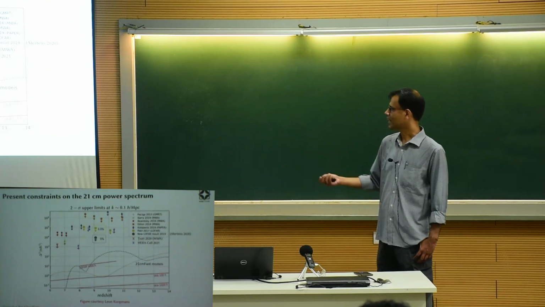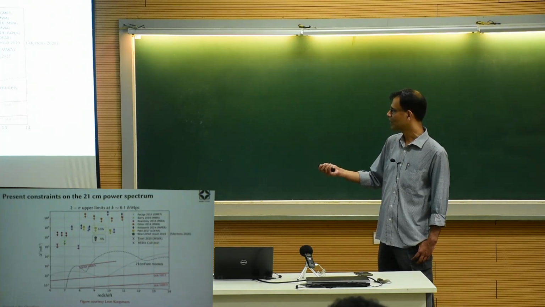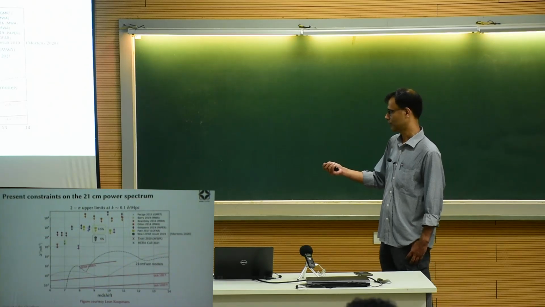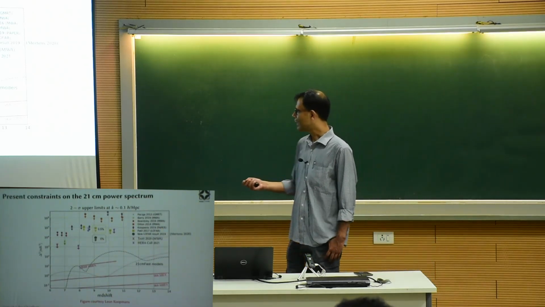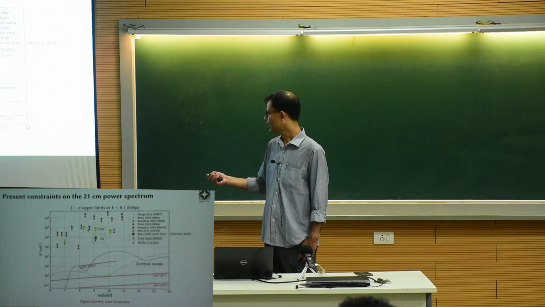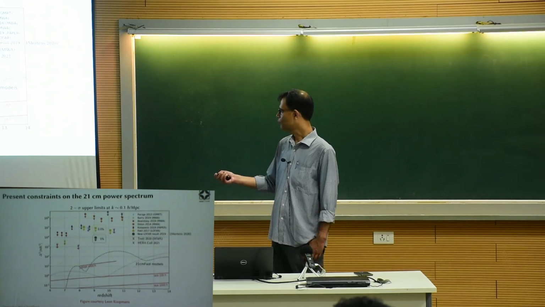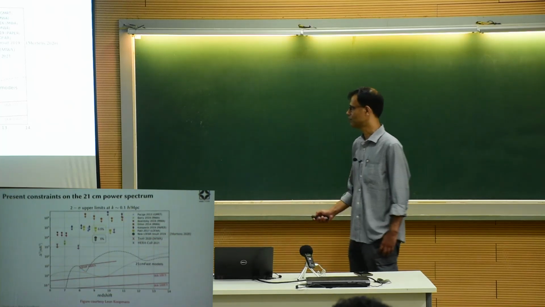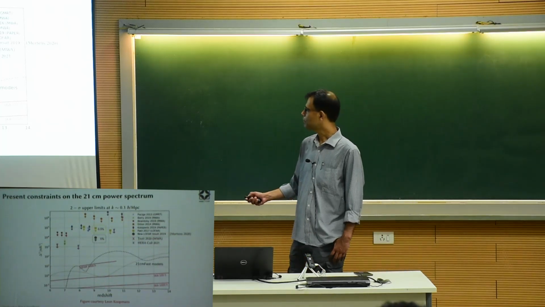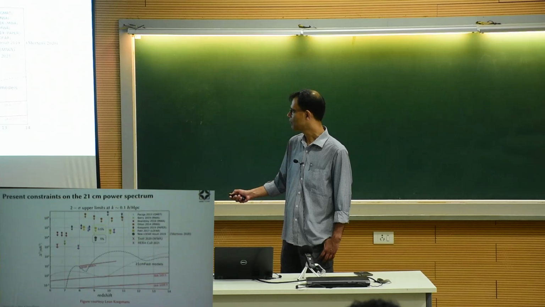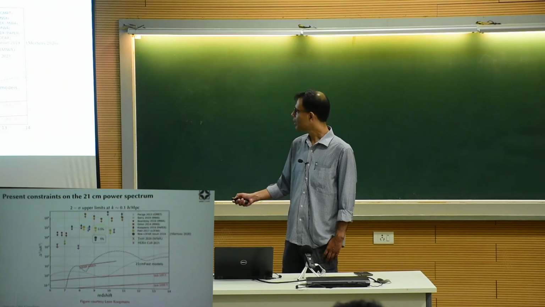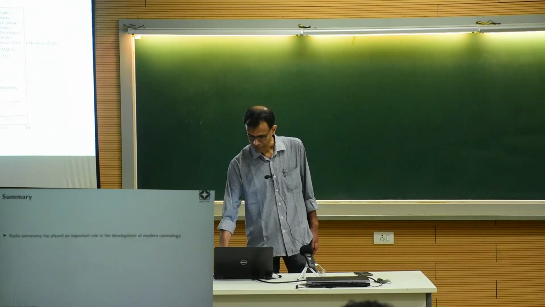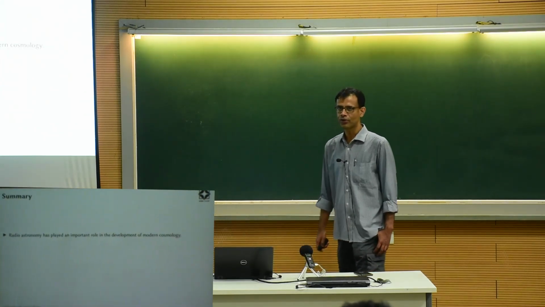As time progresses, these upper limits will come down, and hopefully at some point we will be able to detect this signal. With the SKA, even in 100 hours, the noise is somewhere here, and hopefully that would allow detection of this signal without much difficulty. But with present-day telescopes, for example LOFAR, even 1000 hours may not allow us to reach the typical reionization signal.